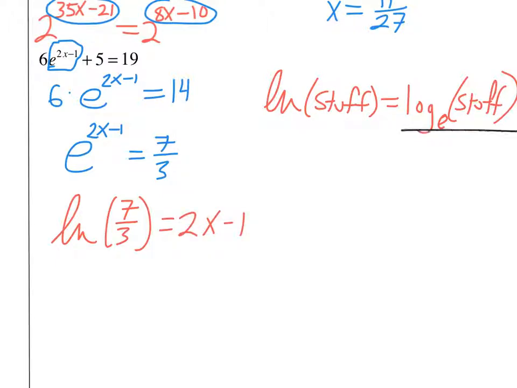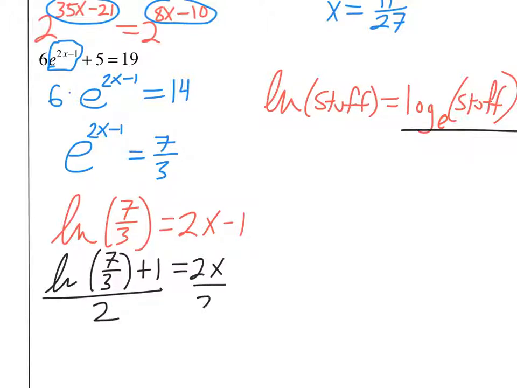If you had written that as log base e, that's fine as well. Okay, I'm going to add 1 to both sides. We get ln of 7 over 3, plus 1, is equal to 2x. Divide both sides by 2, and I get my final answer. ln of 7 over 3 plus 1, all over 2, is equal to x.